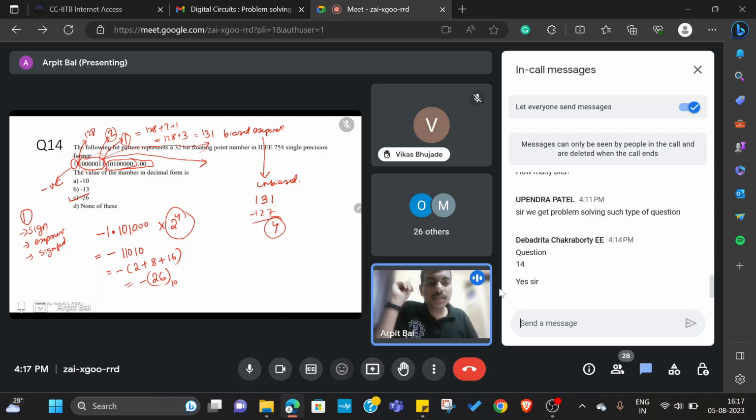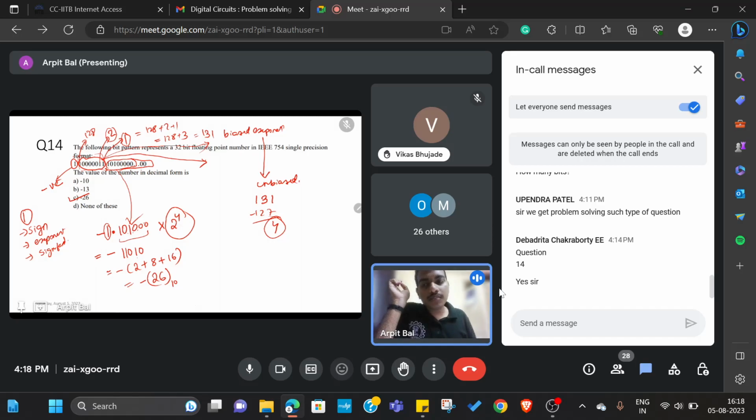Then, based on the IEEE standard, the rule says that there has to be an implied 1. So before presenting the significant, I presented a 1 before the decimal point, and after that, whatever is in the significant field is copied as it is. Then I need to multiply by 2 to the power 4.